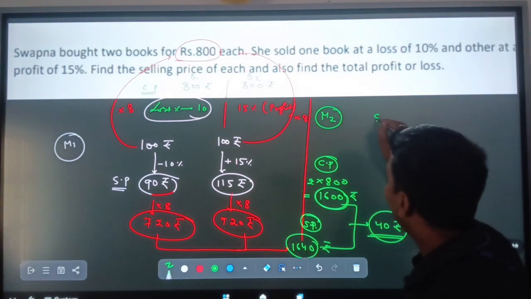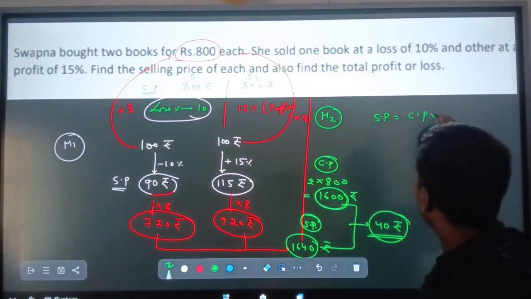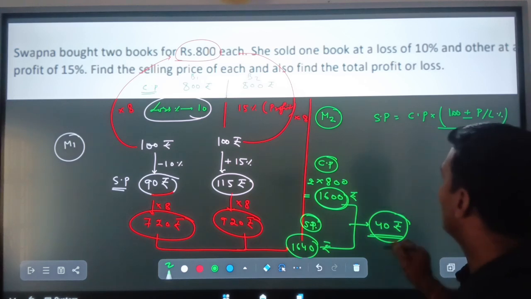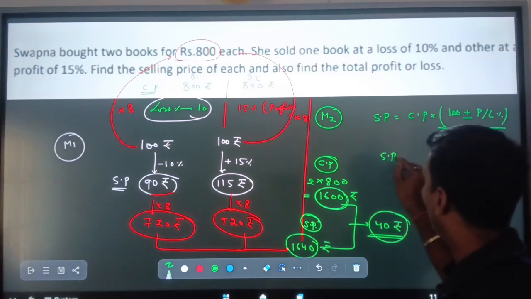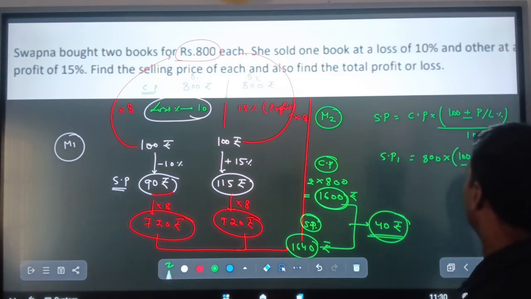As we know, selling price is equal to cost price into 100 plus or minus profit or loss percentage upon 100. So you can do it by this method also. Selling price of the first, we take 800 into 100 minus 10 upon 100. So this is going to be 720.